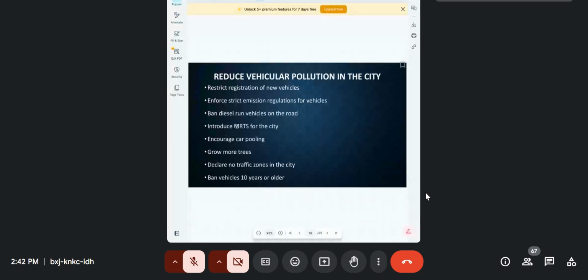introduction of a mass rapid transport system for the city, then encouraging carpooling so that instead of 4 people using 4 cars, we can have 4 people using 1 car, then growing more trees, then declaring no traffic zones in the city, so you can designate certain areas for maybe cycling or even pedestrian traffic.